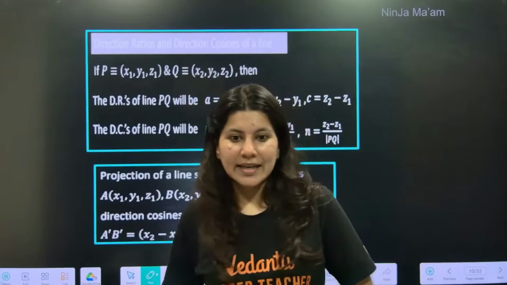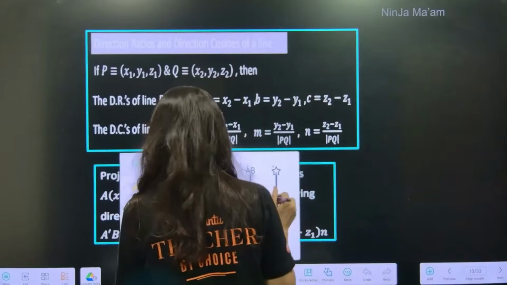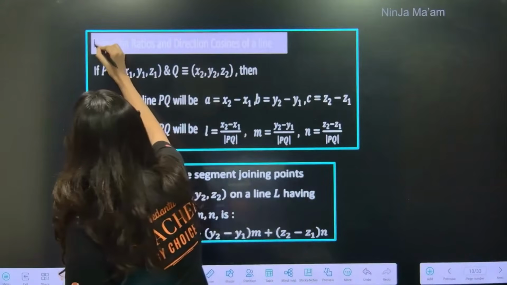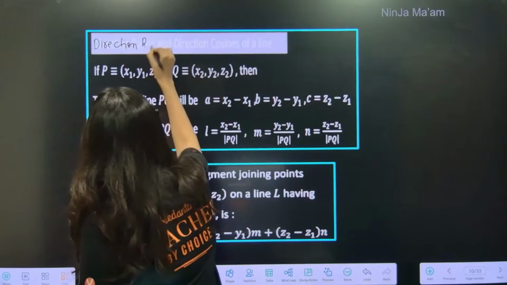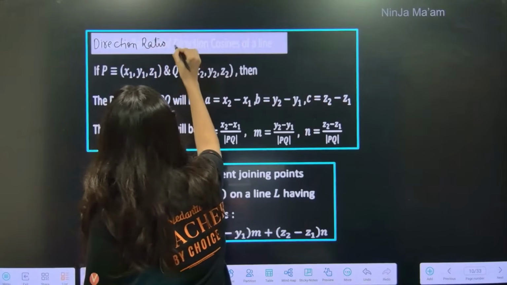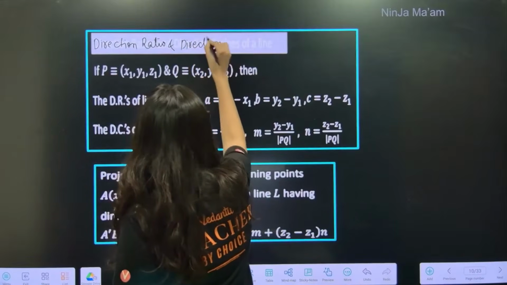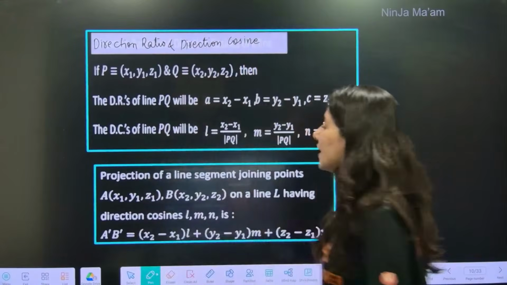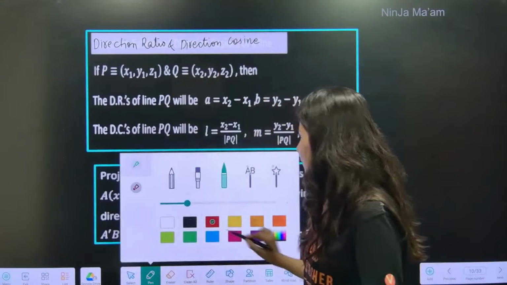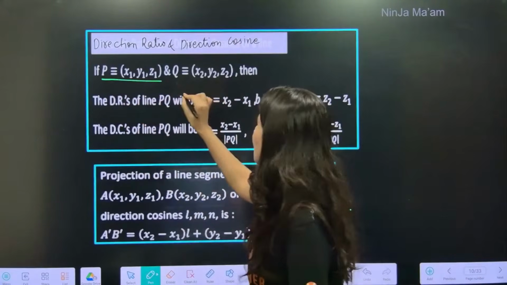Let me write if it is not visible: direction ratio and direction cosine of a line. So suppose two things are given to you: point P on a line and point Q on a line.